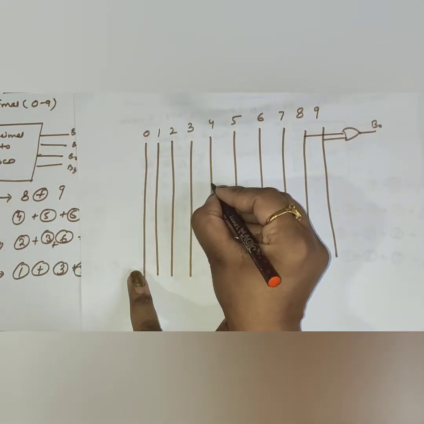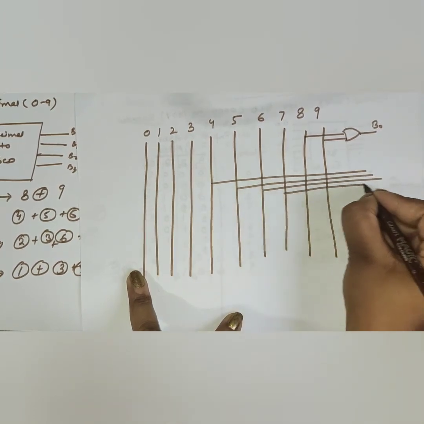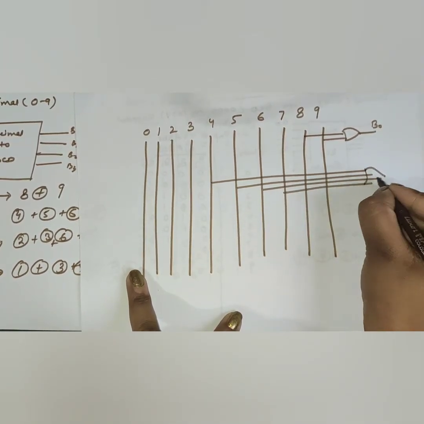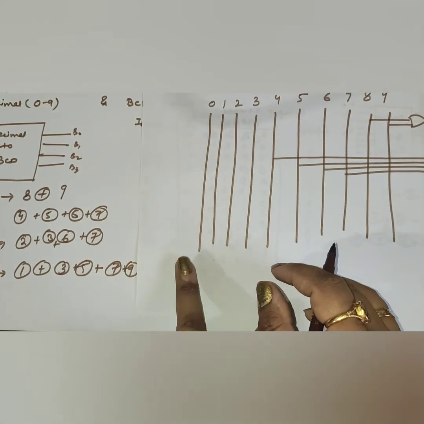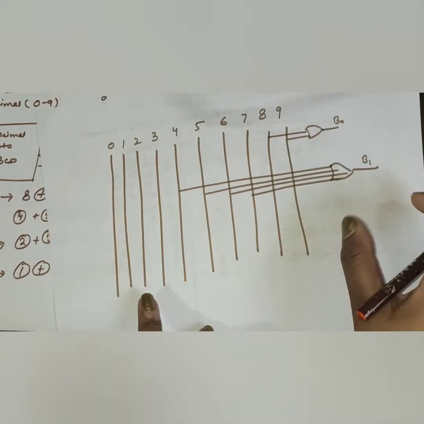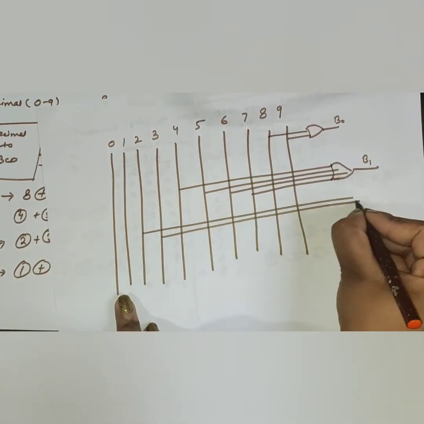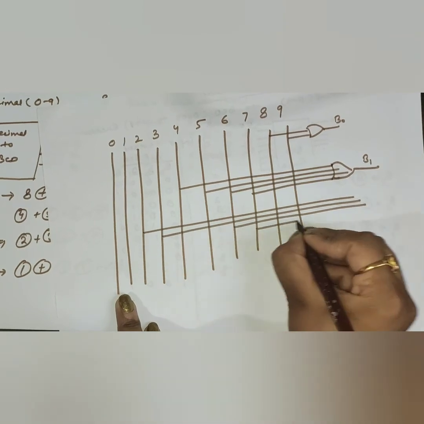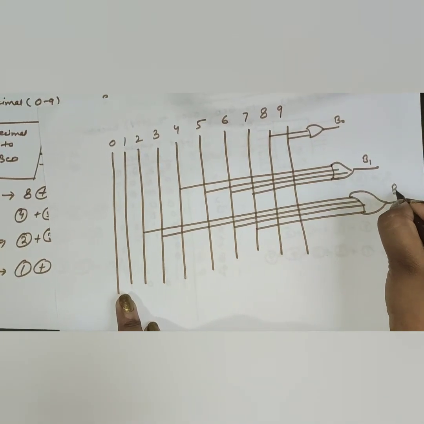Now 4, 5, 6 and 7 ORing, that will be B1. Now B2 will be 2, 3, 6, 7. 2, 3, 6 and 7, this will be your OR, that will be B2.